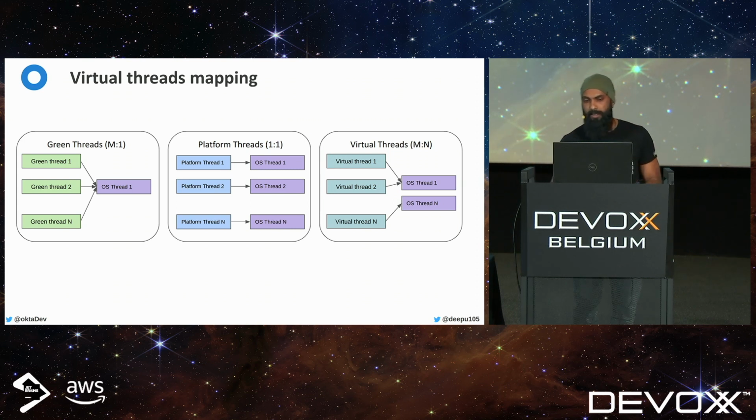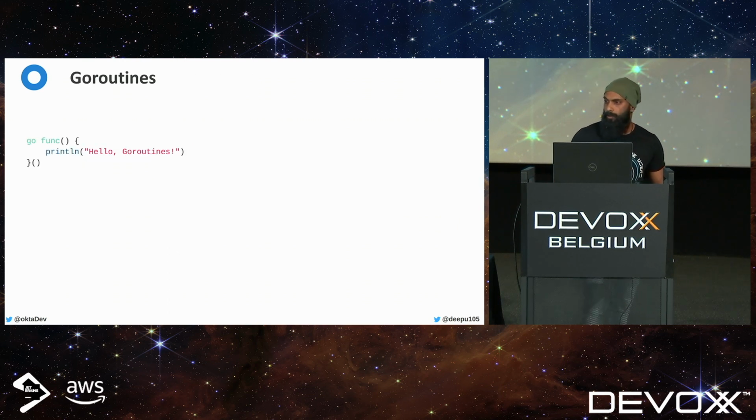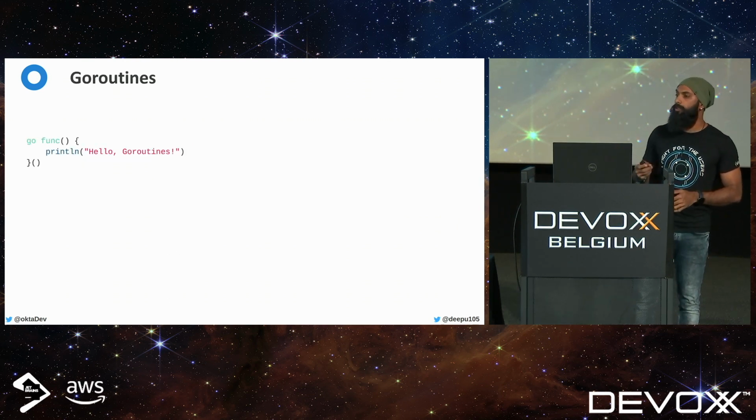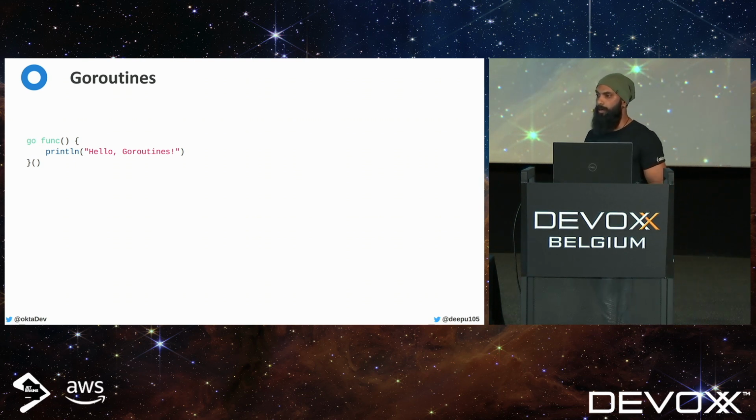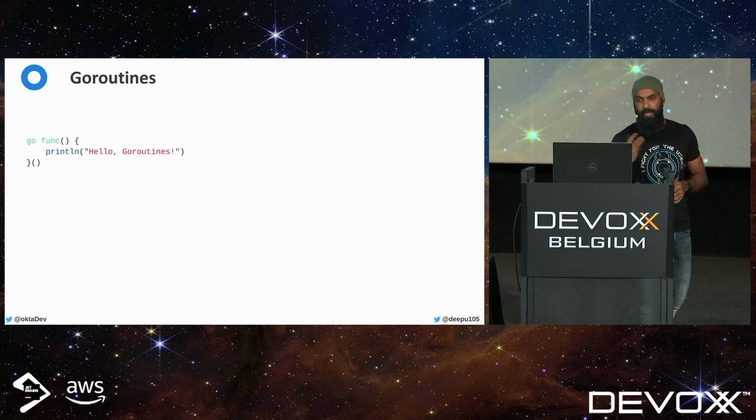Again, as I mentioned, virtual threads are a preview feature in Java. They're pretty easy to use. So let's compare virtual threads to Golang's goroutines and Kotlin's coroutines. I think anybody familiar with Go knows what this is. This is a goroutine. They are pretty simple, quite easy to use, really powerful.